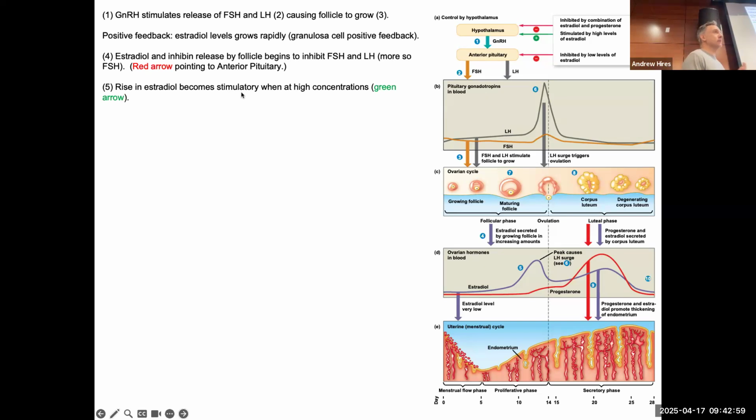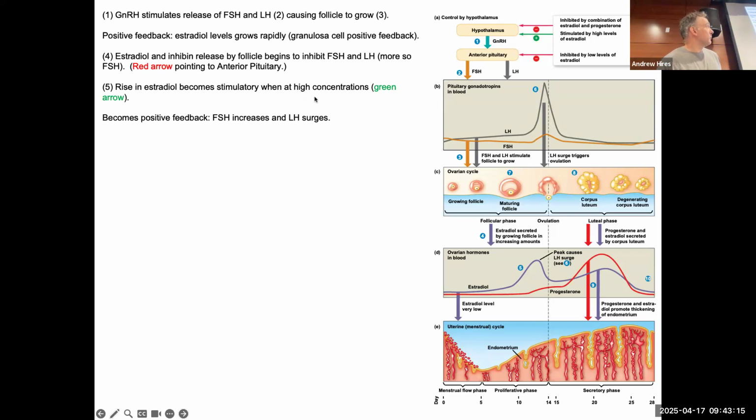Why does that happen? It's probably different receptors within the hypothalamus that have different affinities for estradiol, and they have distinct outcomes when they get activated.